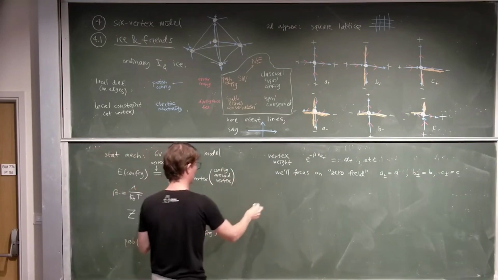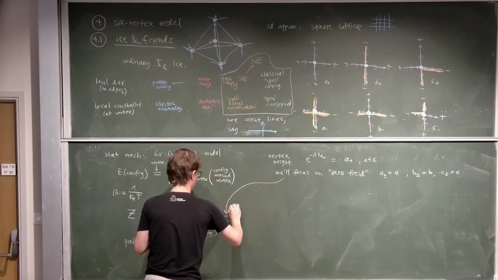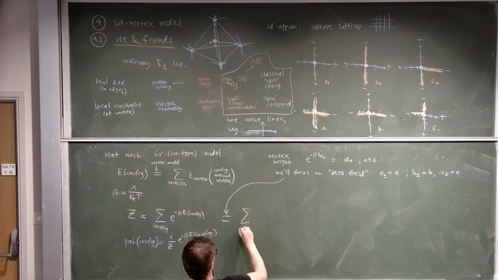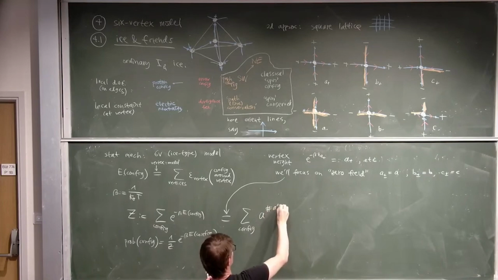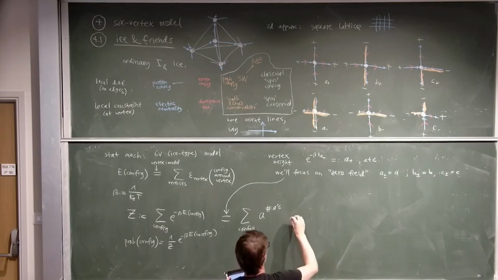Then with this assumption, this partition function can be written as the sum over all possible configurations of A, the vertex weight, to the power of the number of A vertices. So this is my abuse of notation. This here is the weight, and this here is the name of the vertex. I hope it's okay.